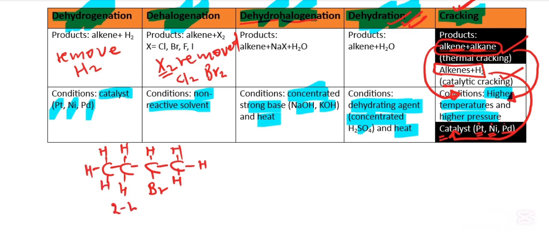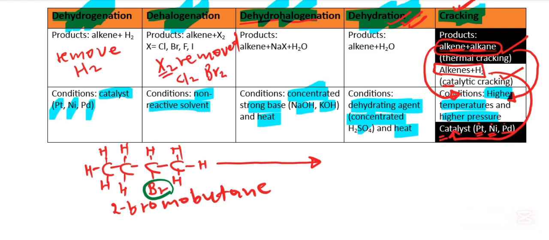This is 2-bromo-butane. So this one, what can we remove here? We can remove bromine or hydrogen, which means we remove HBr there. We can remove the H and the Br. So there are two things we can remove, which means we will get 2 products.